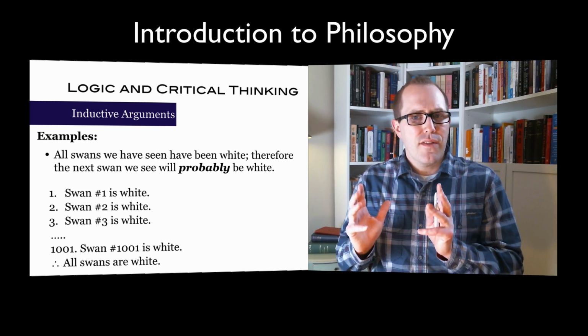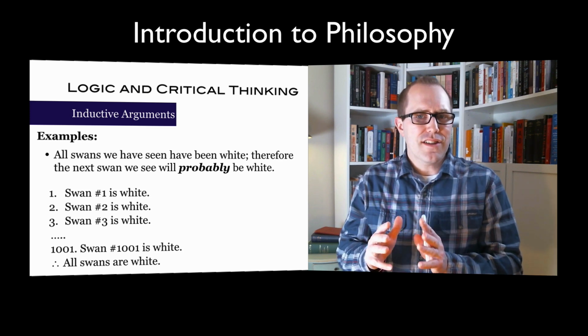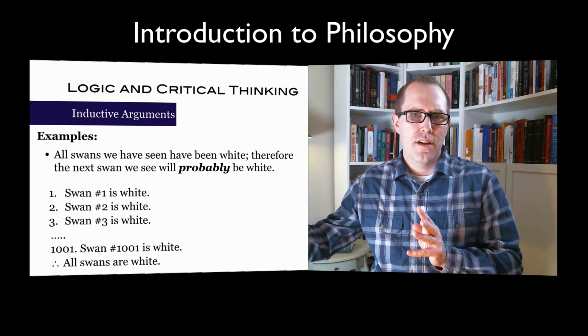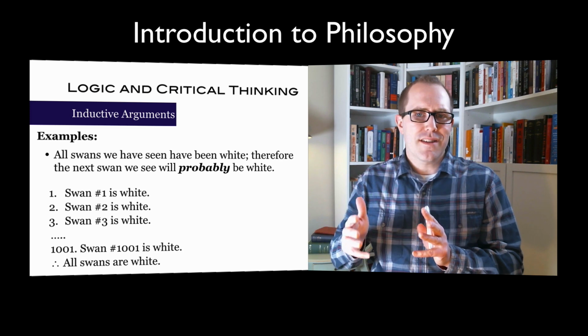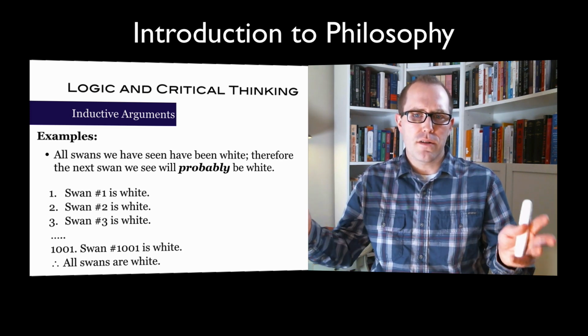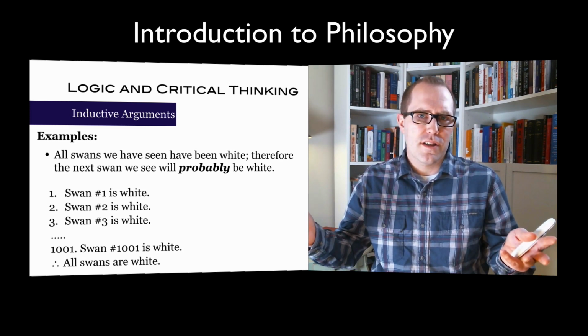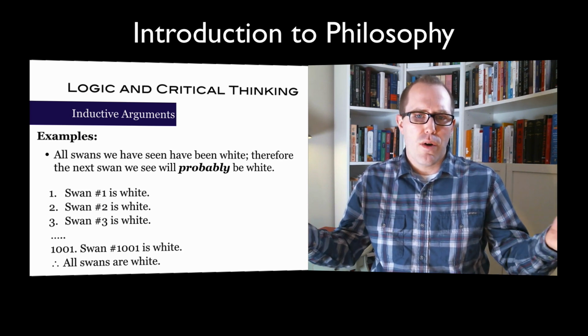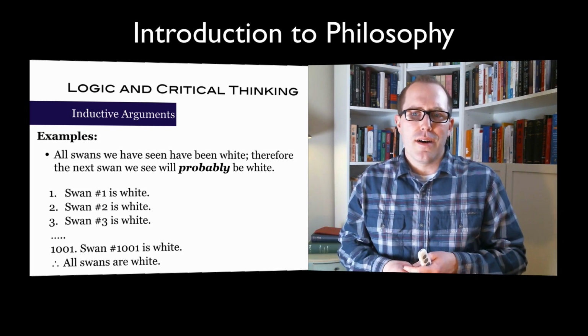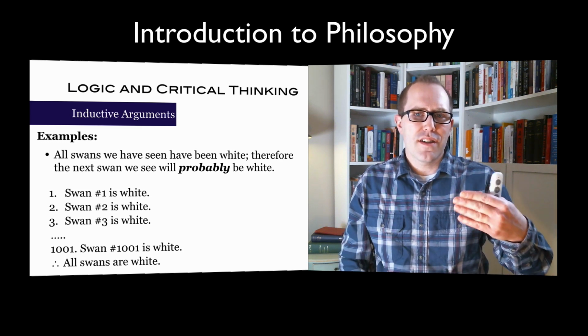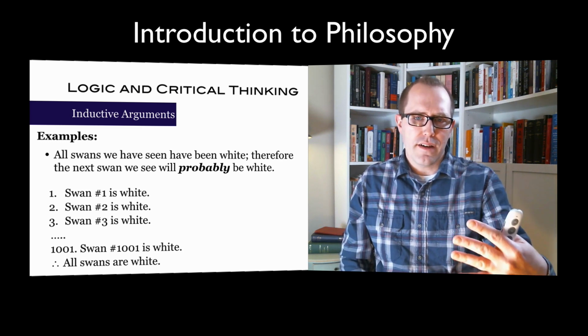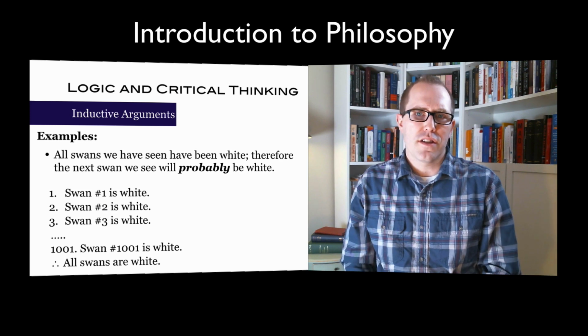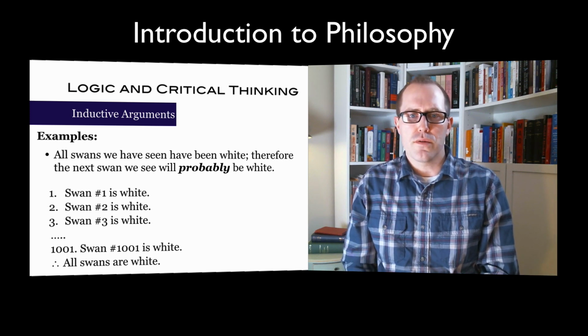Inductive arguments do not lead to certain conclusions. Rather, they lead to probabilistic conclusions because you can always come up with a situation later where the next swan that you see is not white, and therefore the conclusion doesn't follow certainly from the premises, it just follows probabilistically.